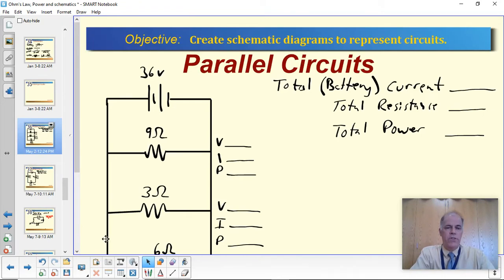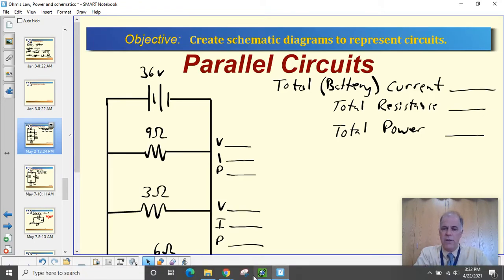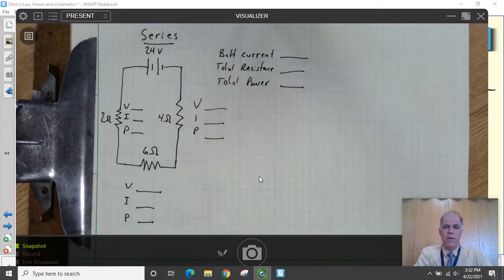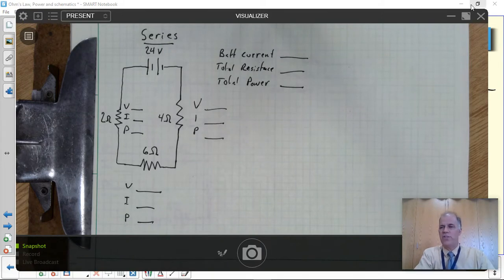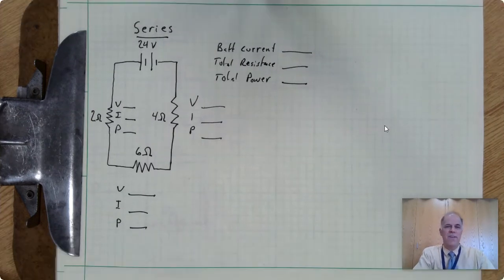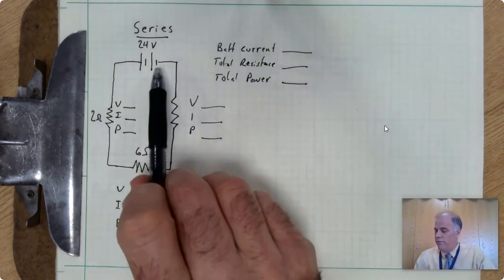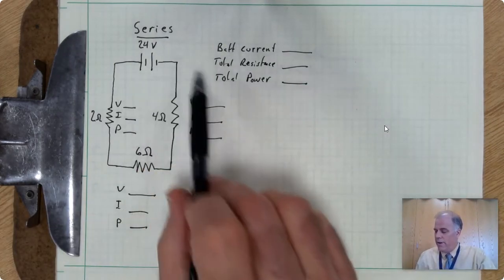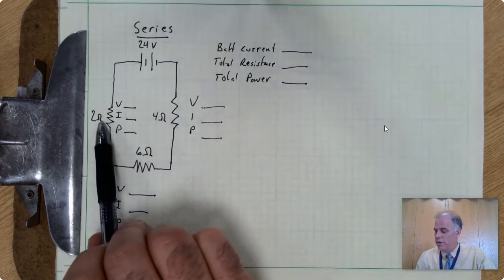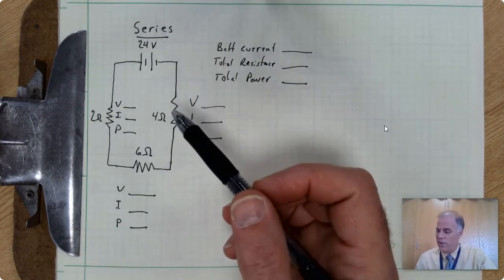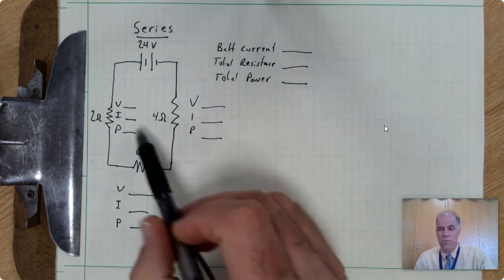Okay, so first off, let's go to this one here. We'll start off with a series circuit since it's convenient. All right. So we have a series circuit here with a 24-volt battery, and then there are 3 resistors in series. That's why it's a series circuit of 4 ohms, 6 ohms, and 2 ohms.